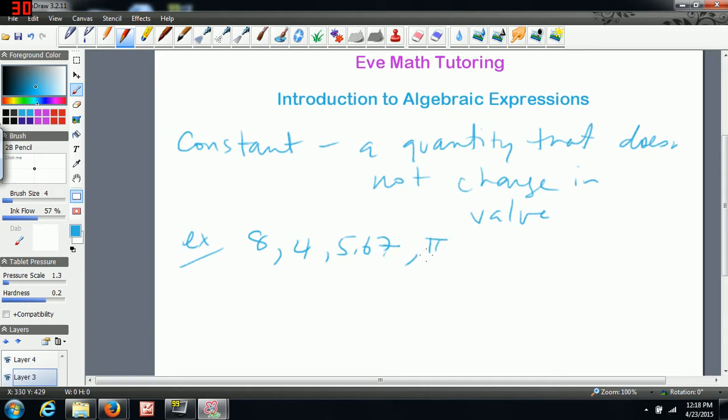So pretty much any number really. It's usually a number, and it doesn't change in value.